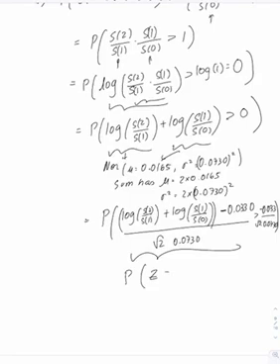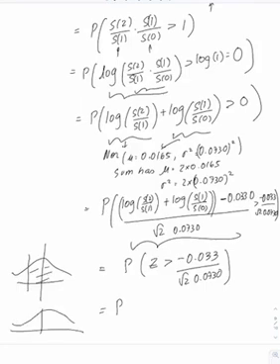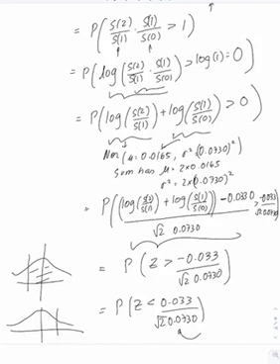So this is the probability of Z being bigger than negative 0.033 over square root 2 times 0.0730. You work this out, and that is the same as the probability of Z being bigger than some negative number. That's the same as the probability of Z being less than minus of that number, which is plus. So Z less than 0.033 over square root 2 times 0.0730. So it's just phi of this number, and that is approximately 0.6524. Okay, so that's quite nice.